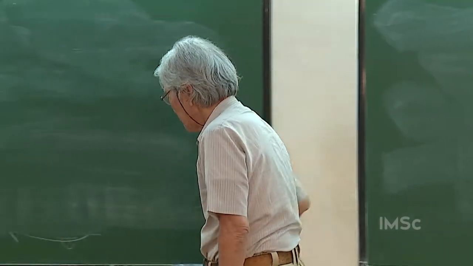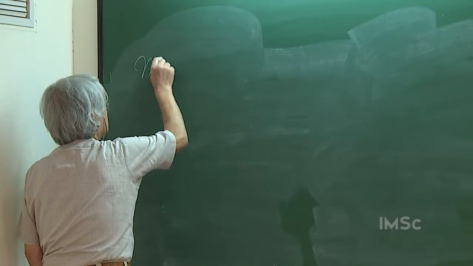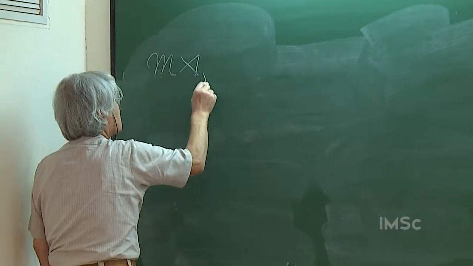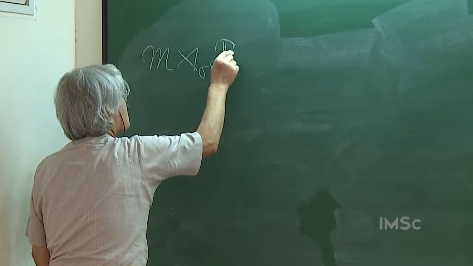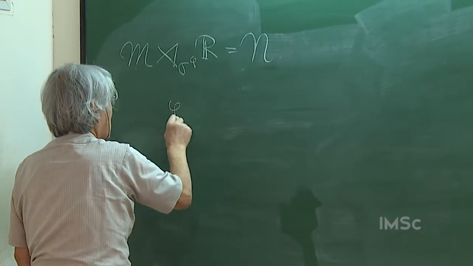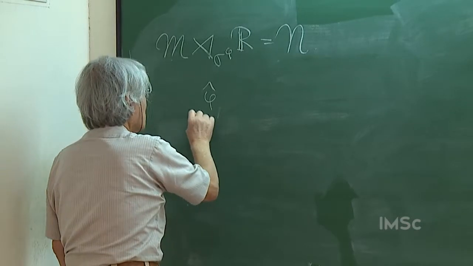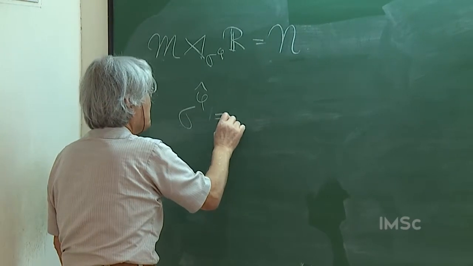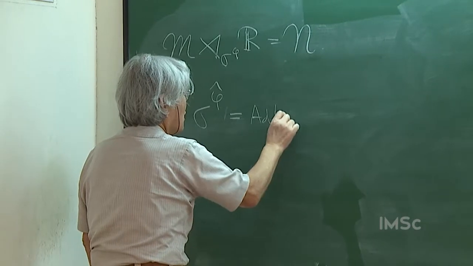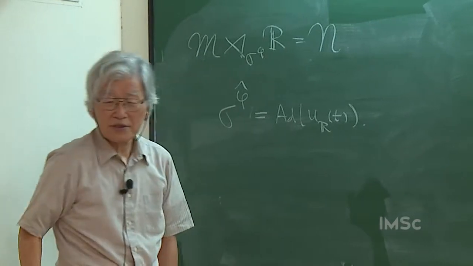Okay. So when you have M, this is N, and phi hat, its dual weight, the modular automorphism is then precisely Ad of U(t). That's the translation representation of the real line we discussed.